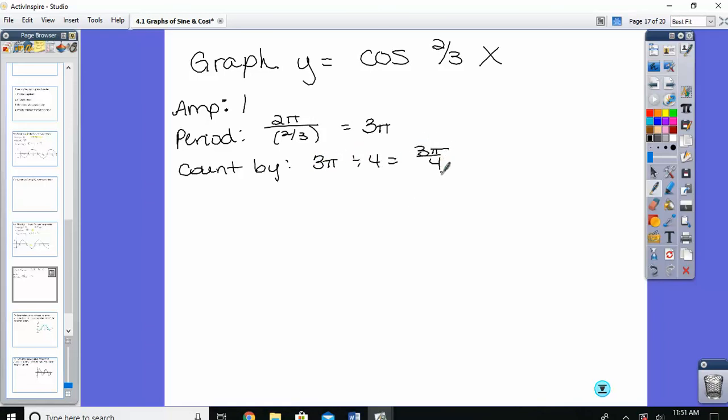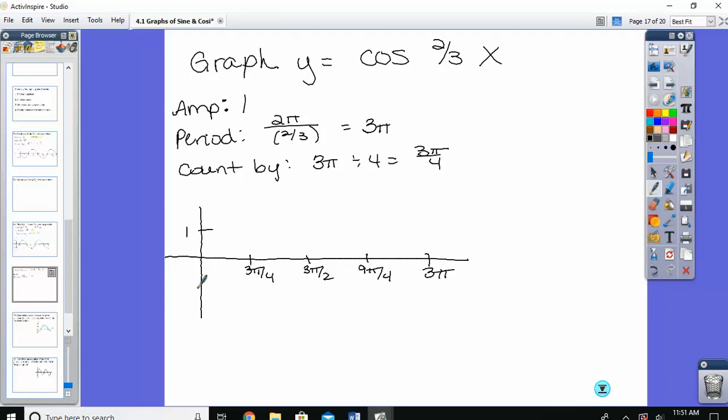No flipping this time, and we're only doing 1 period, so we just need our 4 points other than 0. So 0 plus 3 pi over 4 would be 3 pi over 4, plus 3 pi over 4, 6 pi over 4, or 3 pi over 2. 9 pi over 4, and 12 pi over 4 is 3 pi.